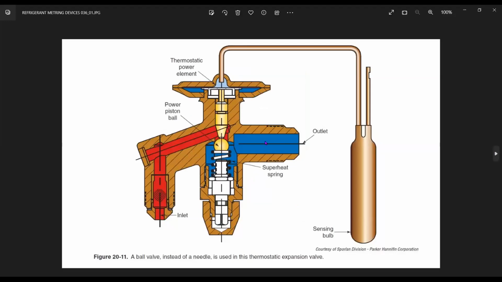This is also acceptable. Idea वही है कि वही चीज कर रहा है, but now instead of a needle wall, there is a ball wall. Adjustment भी इसका वैसा ही है, नीचे ऊपर नीचे, और ये सुपर हीट का स्प्रिंग है, एडजस्टमेंट इसका वैसा ही ऊपर नीचे करने के लिए. ऐसे ही बॉल वॉल इज बेसिकली पावर पिस्टन बॉल विच इज बेसिकली मूविंग अप एंड डाउन, और उसका जो क्लियरेंस है वही वैसे ही काम करेगा जैसे नीडल वॉल काम कर रहा था, ये भी वैसा ही काम करेगा. ठीक है.